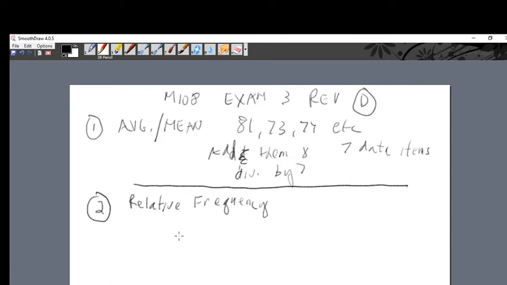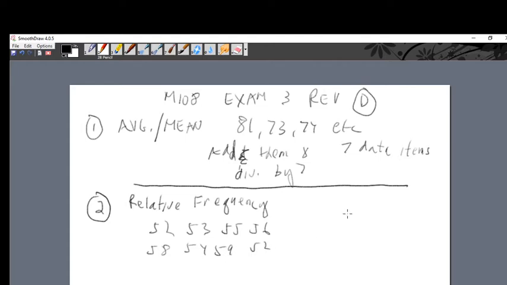Let's say you have a bunch of data, just 8 items: 52, 53, 55, 56, 58, 54, 59, and 52.